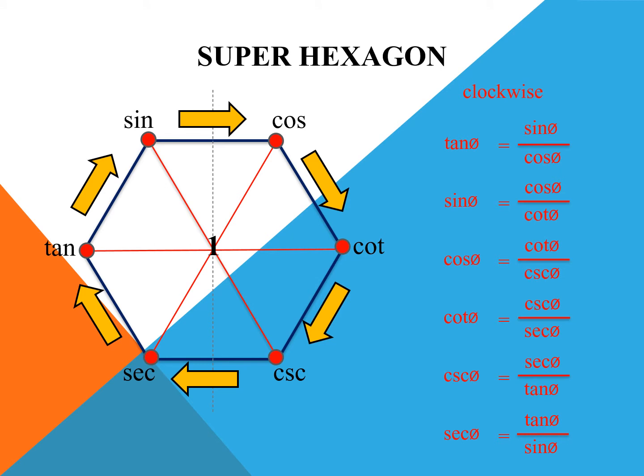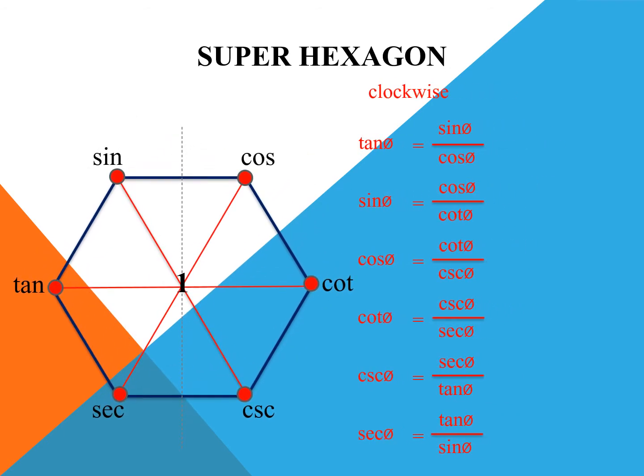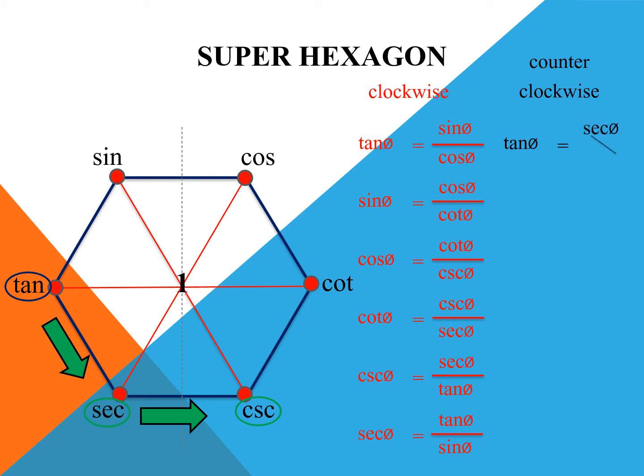That is in clockwise direction. But how about if it is counterclockwise? Don't worry, the pattern will not change. Let us try. Tangent theta is equal to secant theta over cosecant theta.